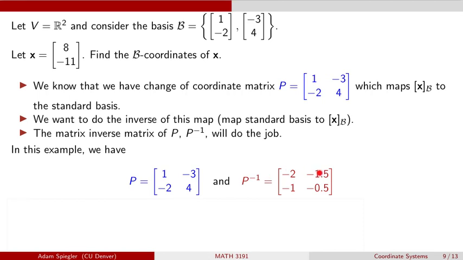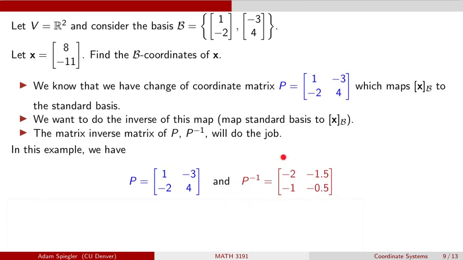And for the case of a 2 by 2 matrix, it's not too hard to find the inverse. We can find the determinant of this matrix, which would be 4 minus 6. So the determinant here is -2. And then we interchange the diagonal entries and change the sign of the off-diagonal entries and divide everything by the determinant. And that gives us P inverse.